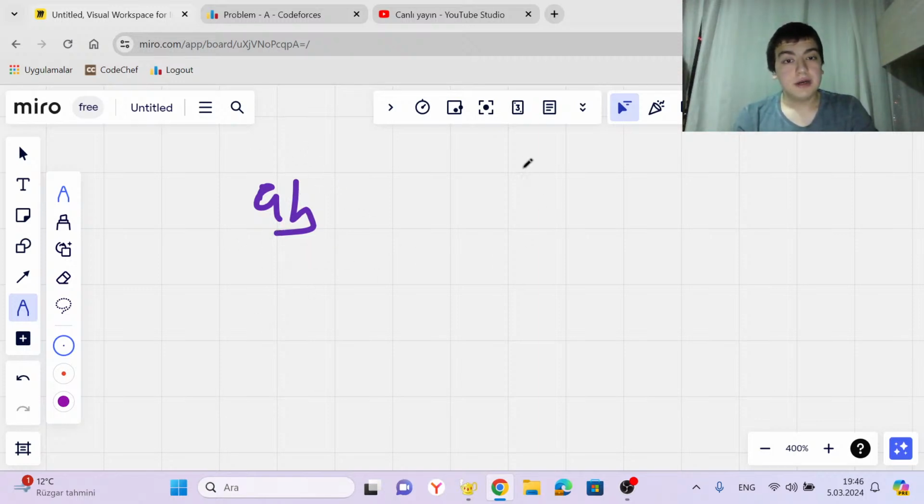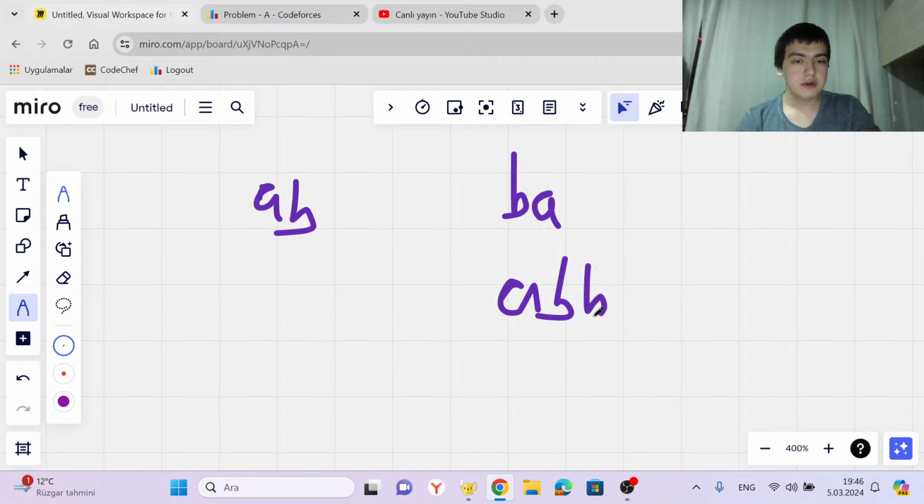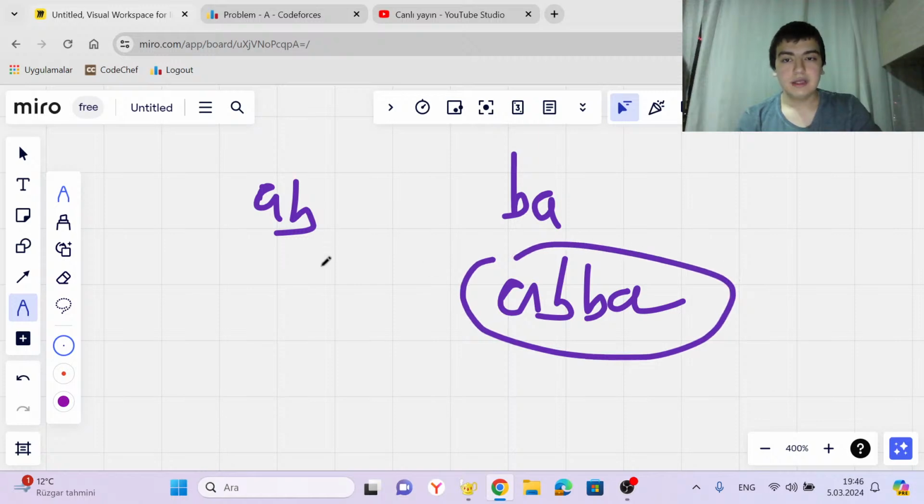But if our string is larger than its reversed version, like BA, we should reverse it to get AB, and add the reversed version of this string, ABBA. So if the reversed version of the string is smaller than the initial version, we should output like this. Else, we should output the original string.